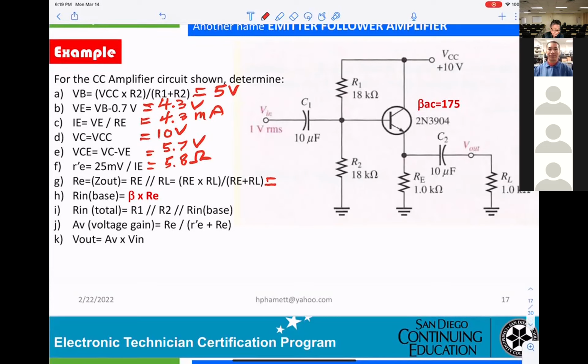How many ohm? Did you get that 500 ohm? Yes.